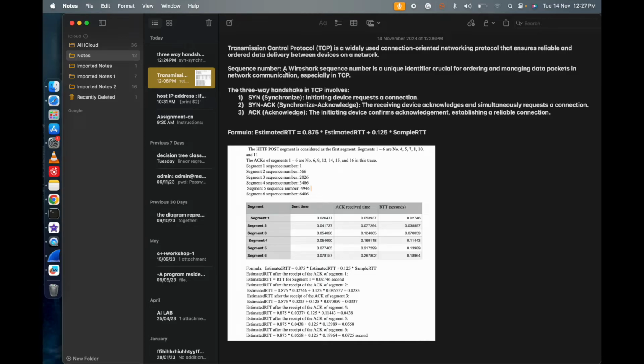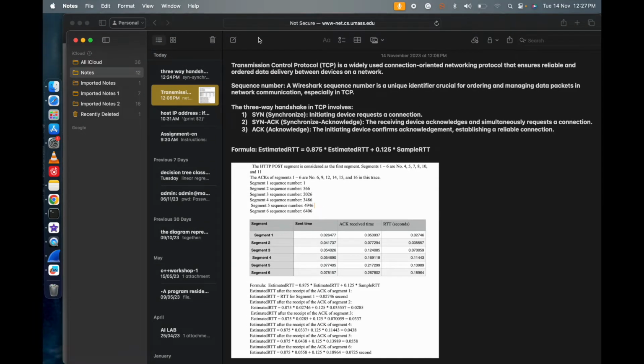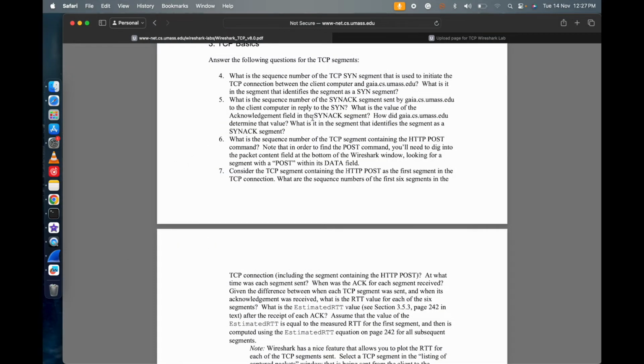A sequence number is a unique identifier for ordering and managing the data packets in network communication, especially in TCP. And a TCP segment is an important data unit of measurement. So this question is what's the sequence number of the TCP SYN packet.